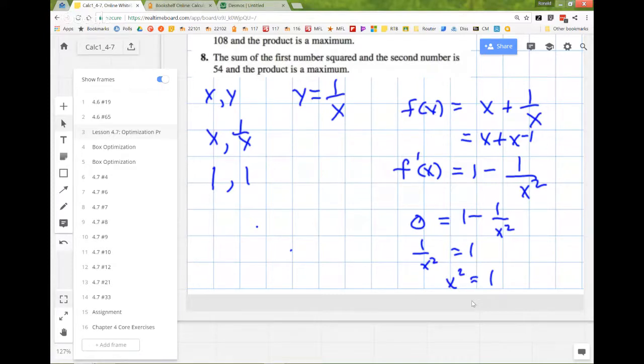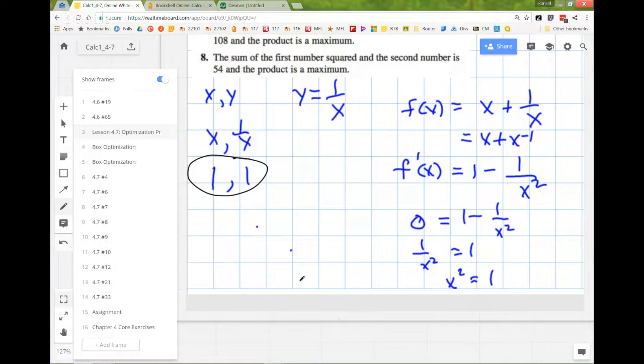Well, if x is 1, then what's its reciprocal? 1. So over here, I just kind of said, all right, those are my two numbers. So you see how we actually get two answers here, 1 and negative 1, and we have to throw out the negative 1 because of the constraints of the problem. All right. Anybody have any questions here?